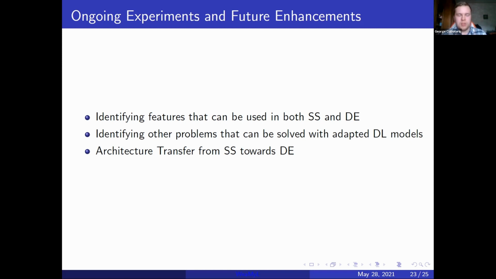Therefore, our research on architecture transfer from semantic segmentation towards depth estimation involves experiments to better understand these general features and what could be of great use for us to solve multiple problems with a single network.